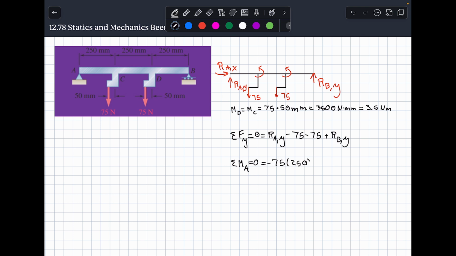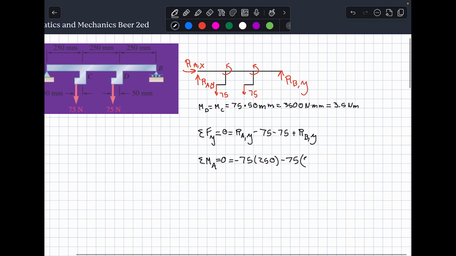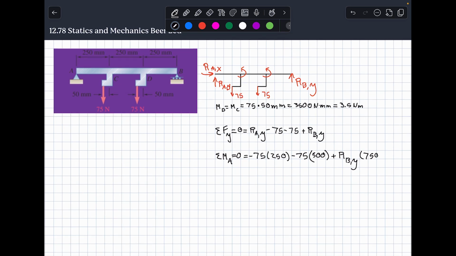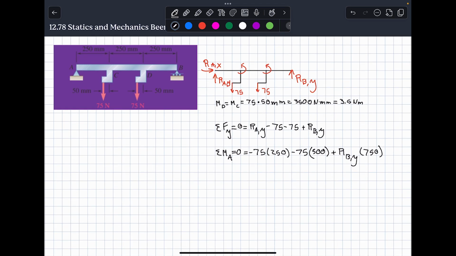And we're using 250 instead of 50 because we're doing it from point A, not from point C. We're going to have that again, the 75, but this time instead of 250, it'll be 500 millimeters. And then we're going to have plus RB in the Y, and this is going to be 750 millimeters from point A.